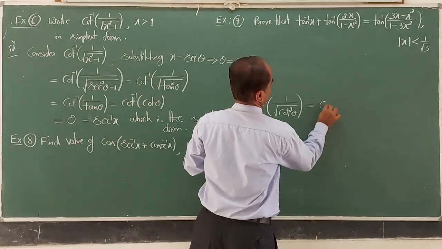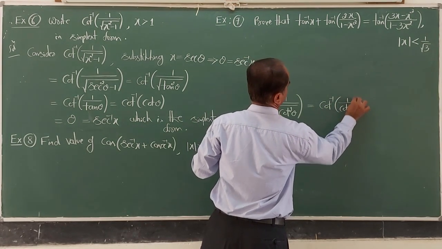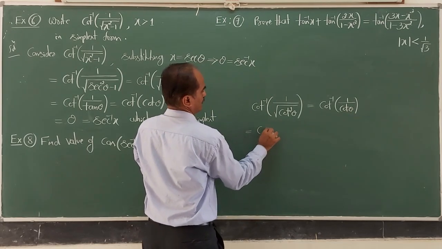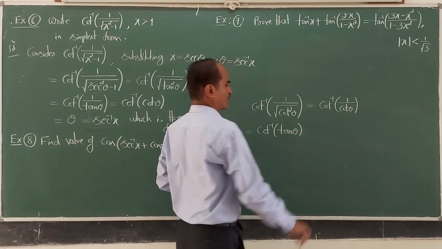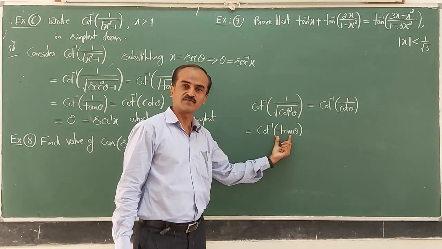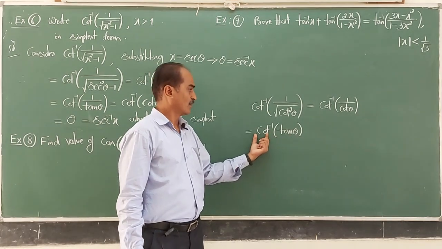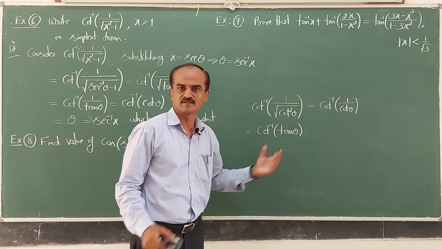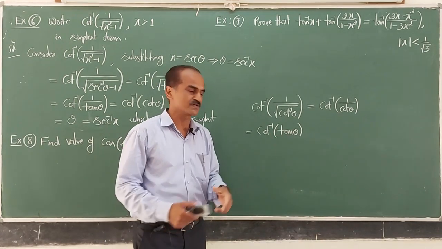In this case, it is cot inverse of 1 divided by cot theta. It is cot inverse of tan theta, since 1 by cot theta is tan theta. Earlier I got cot inverse of cot theta, and I applied cot inverse of cot y equal to y. Now cot inverse of tan y is there. No property is available. Now try to write this tan in terms of cot.